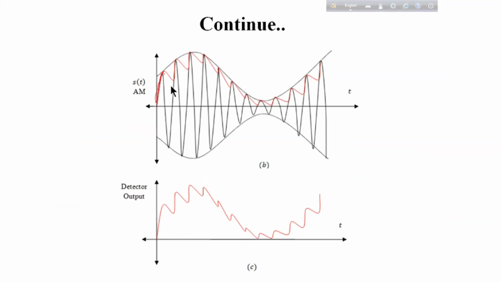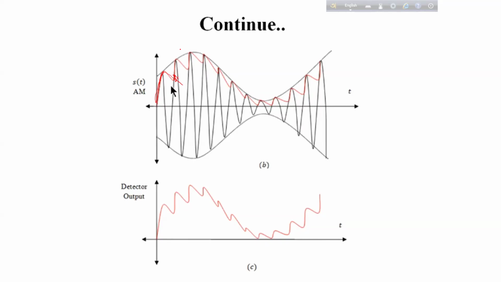When the input voltage is less than the maximum value and is decreasing, the capacitor is discharging. Again, when the amplitude of the modulated wave becomes higher, like at this point, it is getting higher than the voltage of the capacitor.